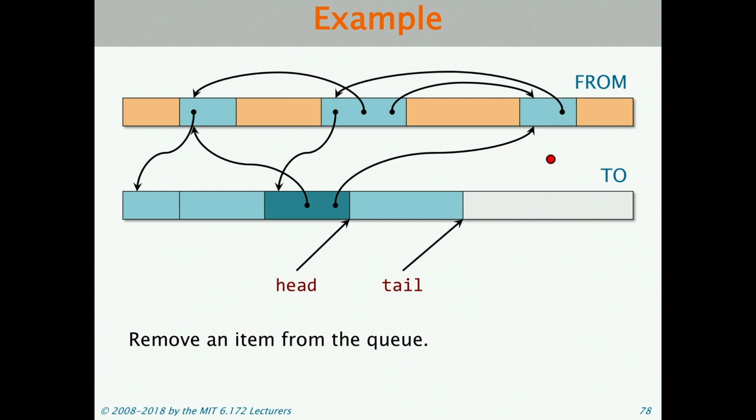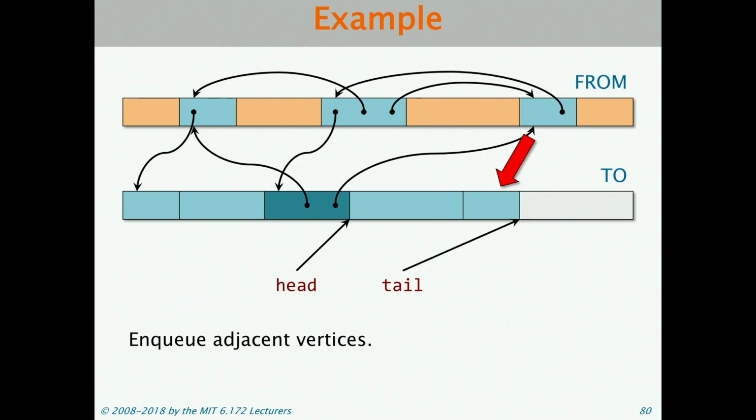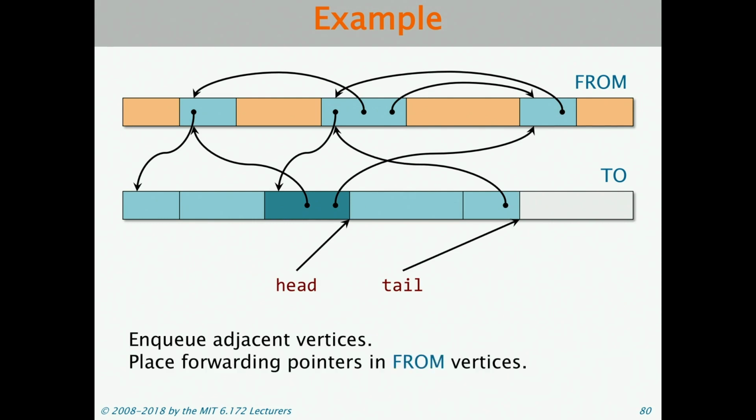And the second one hasn't been placed on the queue yet, so I place it onto the queue. And this object also has a pointer to something in the from space, which I'm not going to change at this time. But I am going to store a forwarding pointer from the object that I moved from the from space to the to space. So now it has a pointer that tells me the new address.